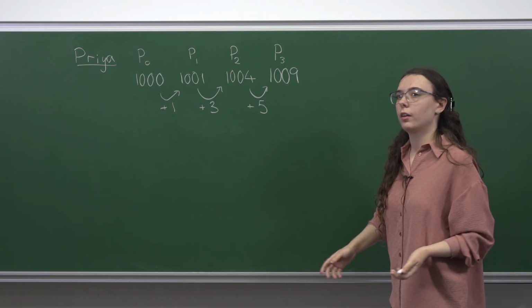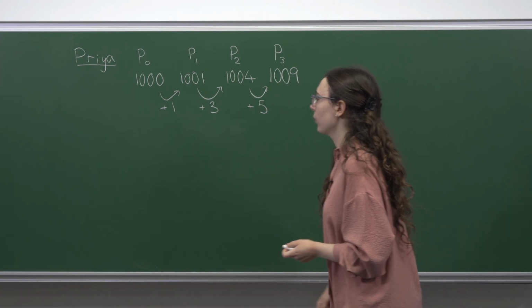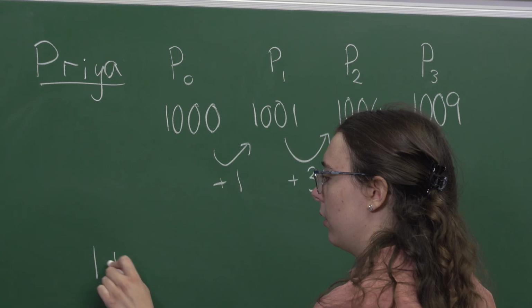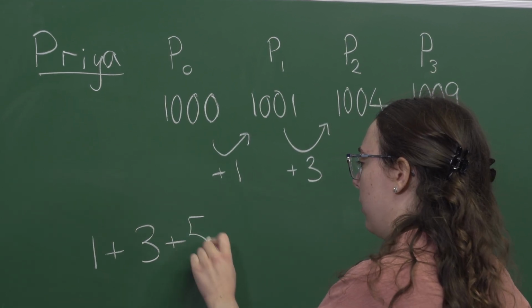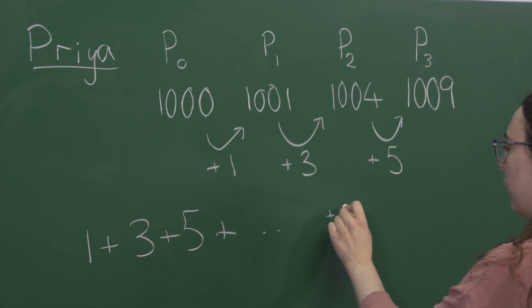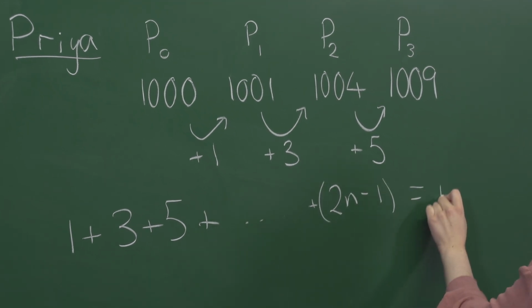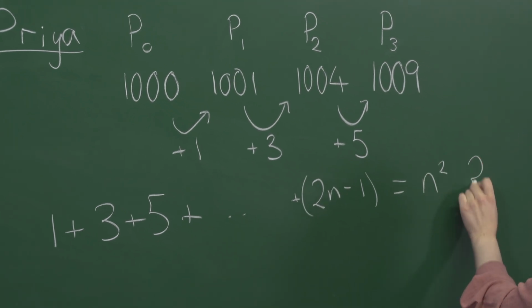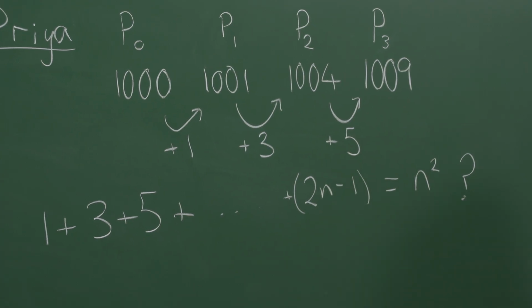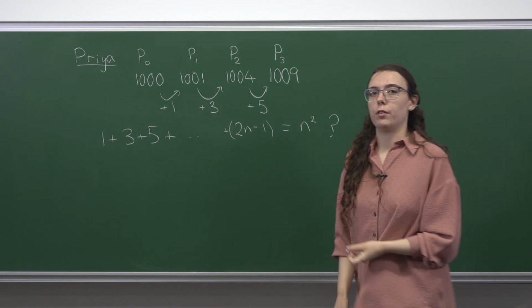And my question is, is this always going to give me squares? In other words, is this true?